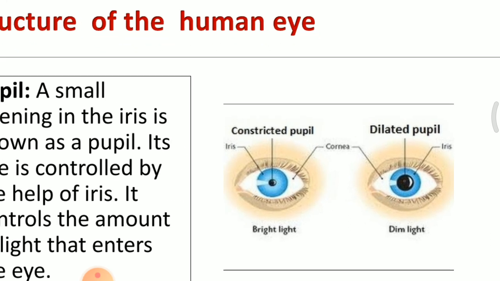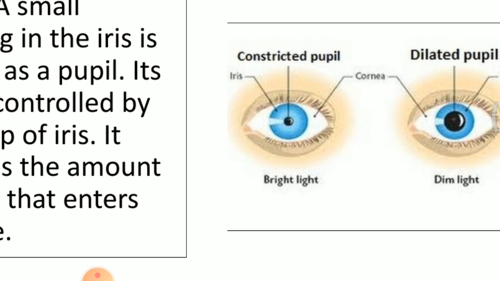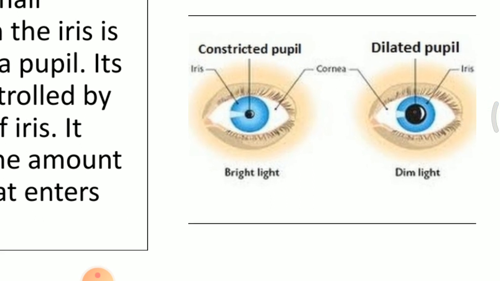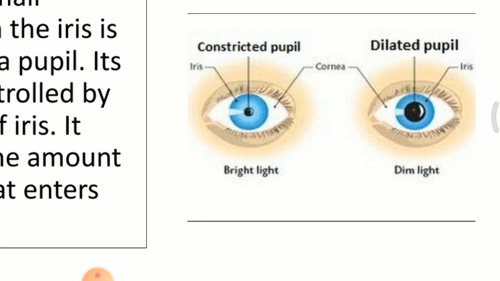Look here. Here the color of the iris is black. When bright light enters, the iris muscles contract and the size of the pupil is very small. When dim light enters, the size of the pupil is more.